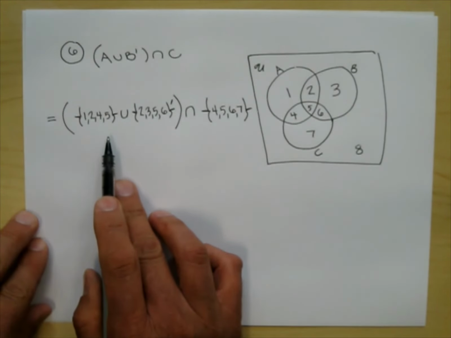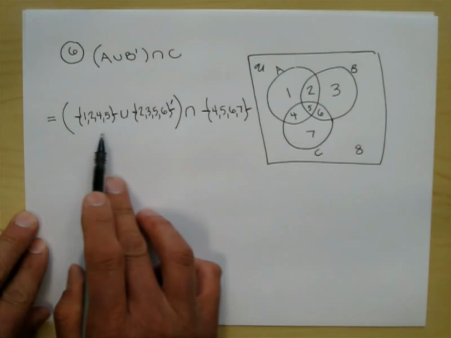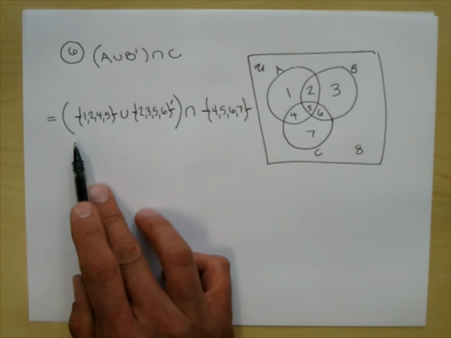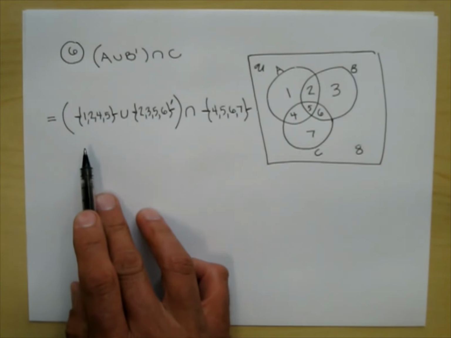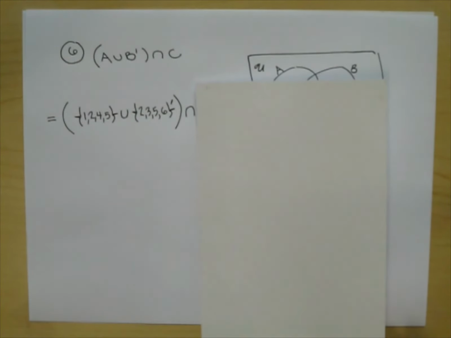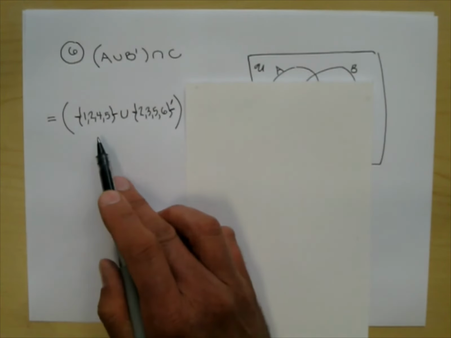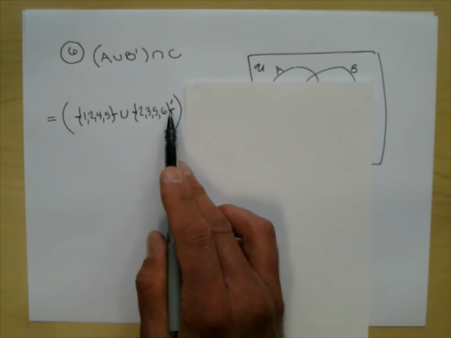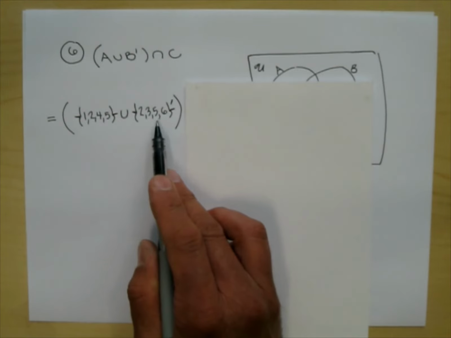So now, the order of operations says that I have to do parentheses first. So we can just cover up that part. And we are going to do what? Union or complement first. Well, complement's stronger, so we're going to do the complement of 2, 3, 5, 6.